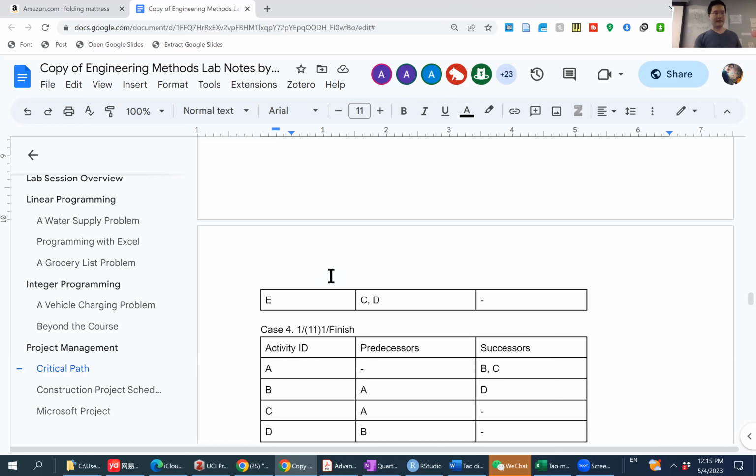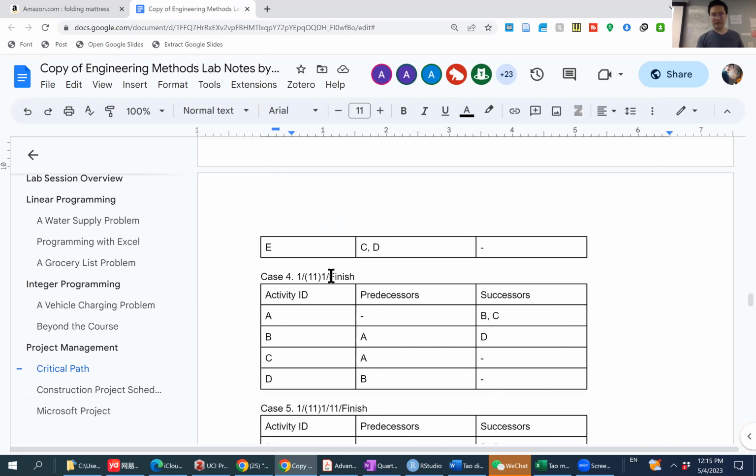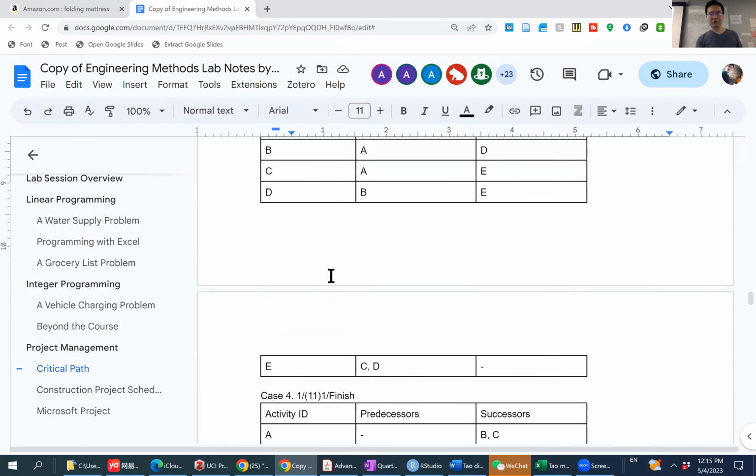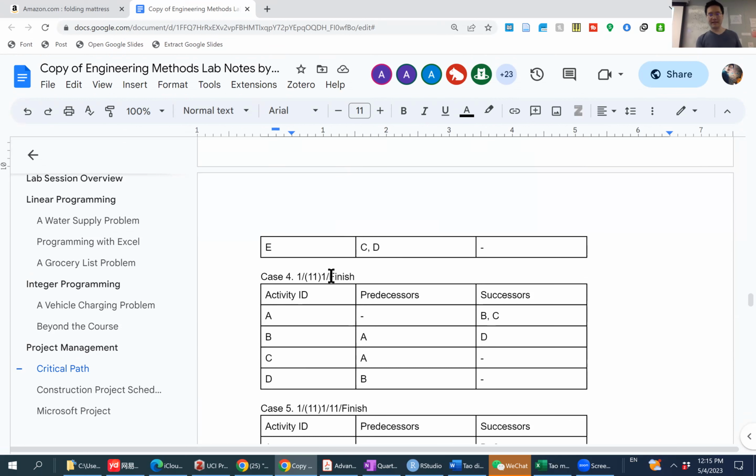In this case, it's also somewhat similar to case 3, except that it does not appear to have a straightforward ending case. So let's see what it should look like.